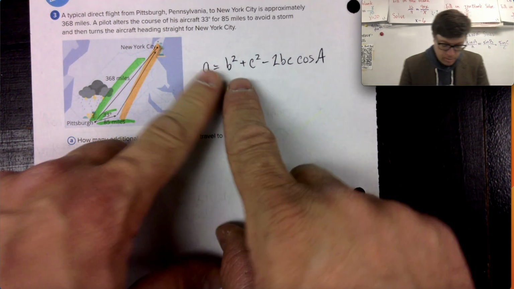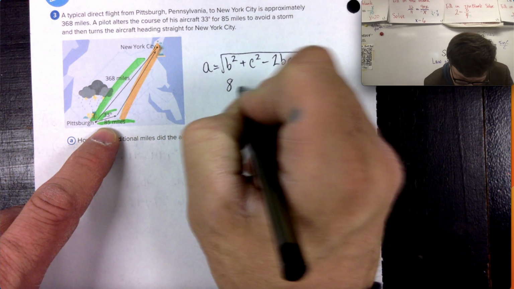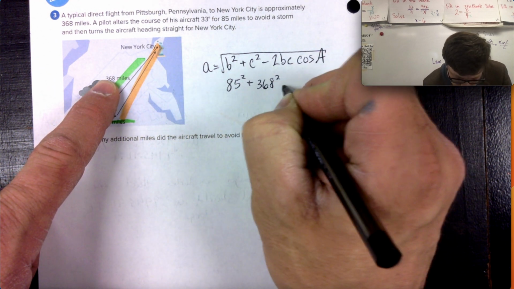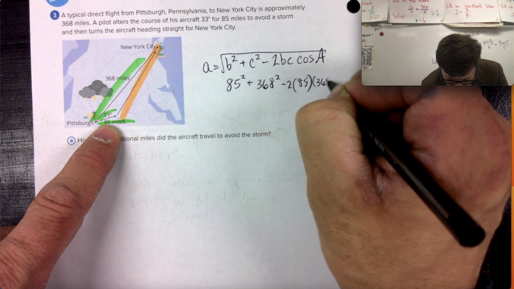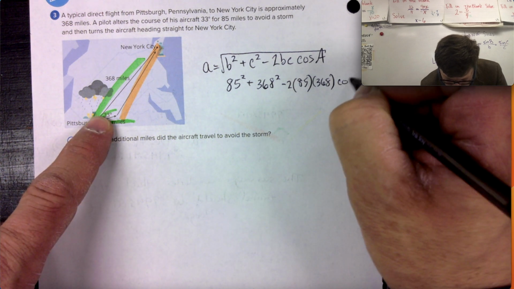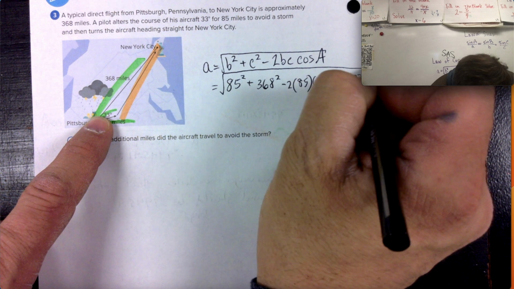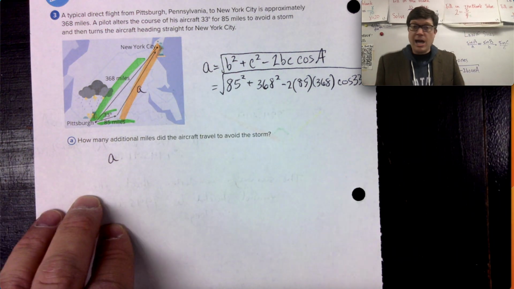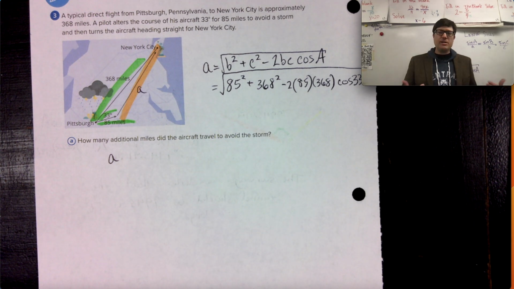So that's what I'm showing here: the square root of 85 squared plus 368 squared minus 2 times 85 times 368 times cosine of 33 degrees. That's going to be what we need to know for a. A doesn't answer part A, but it does give us the mathematics that we need.